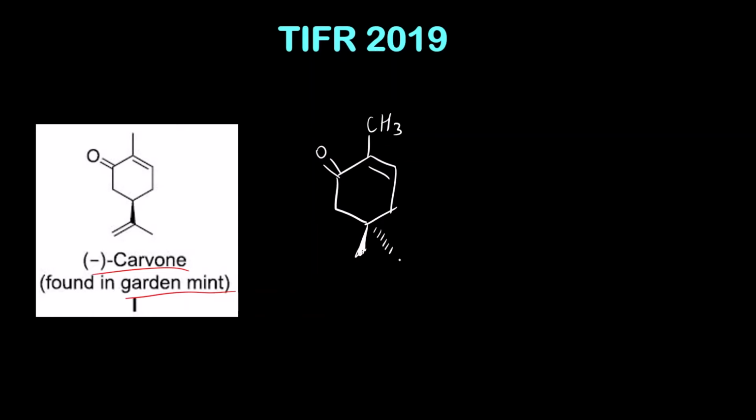Since no other group is mentioned on the wedge, the hydrogen will be present on the dash bond. And here there is a double bond and CH3. Here there is CH2. So clearly we can see this is the chiral carbon that is attached to four different groups.